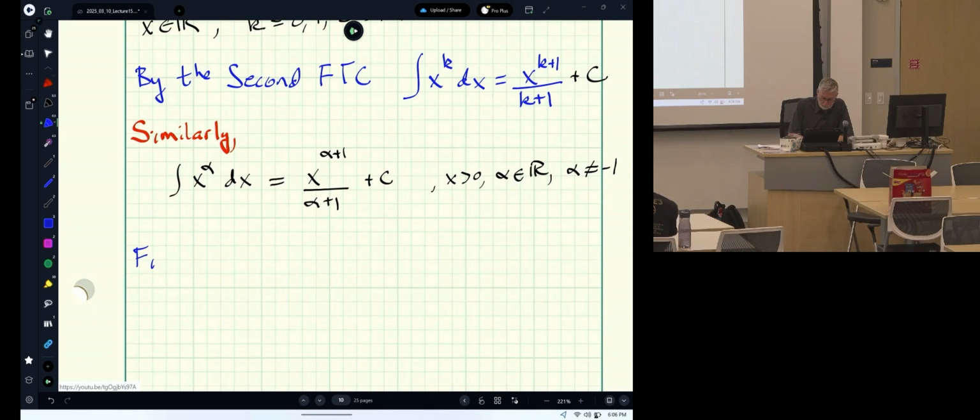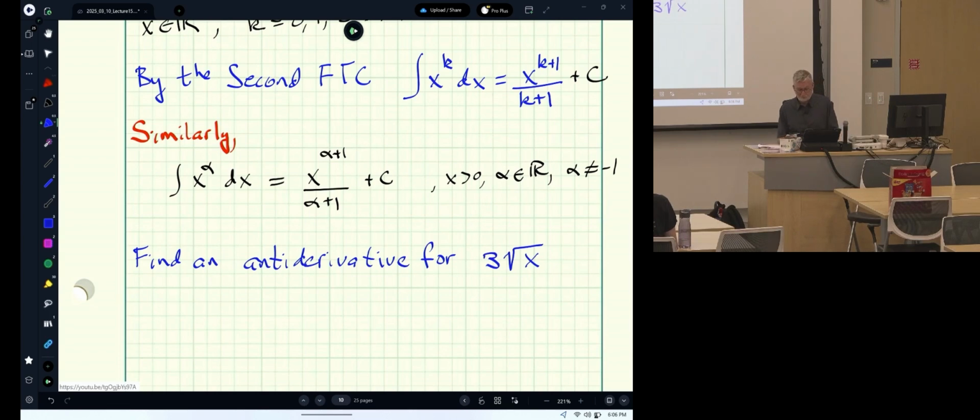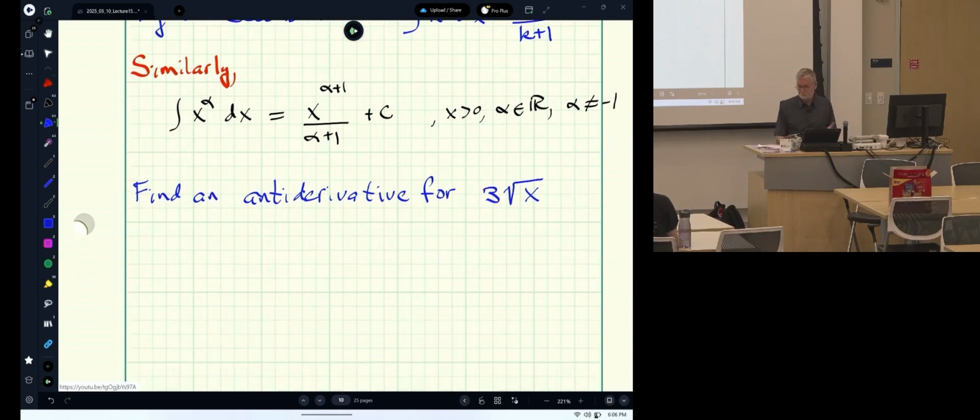Okay, so find an antiderivative for 3 times the square root of x. Everybody got a plan of attack in mind? Square root of x is x to the power a half, right?